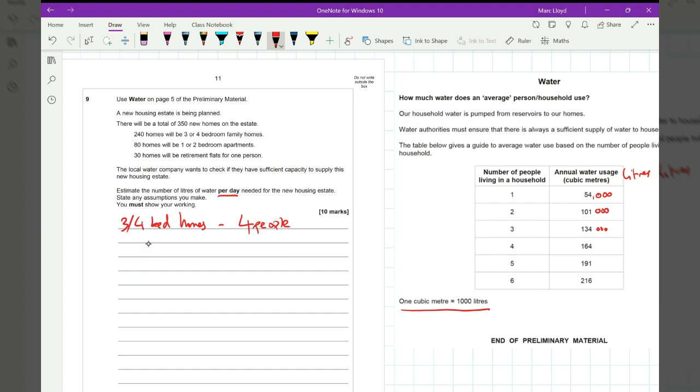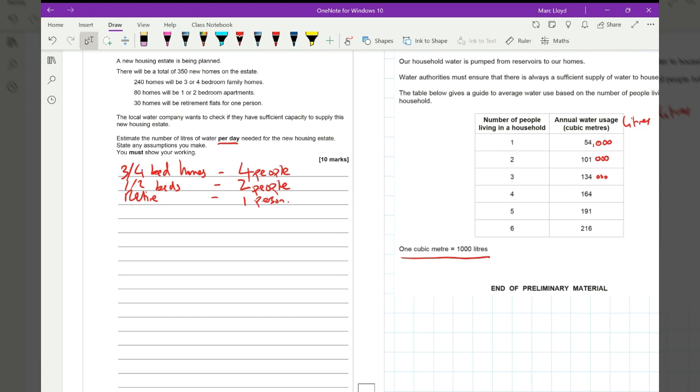For the 1 to 2 beds, I'm going to say 3 people. Should I say that? I think I might go down to 2. We'll go to 2 people. And then for the retirement flats, they've already said it's 1 person. Okay, so let's start to work this out.